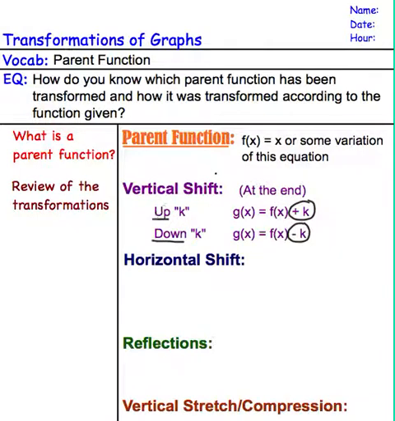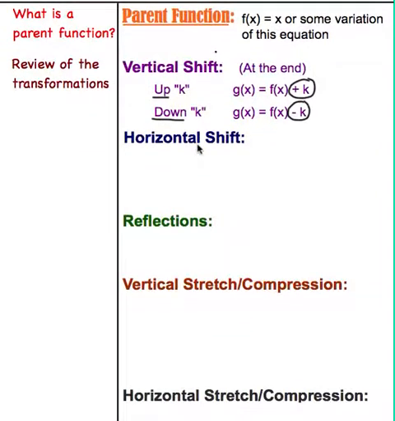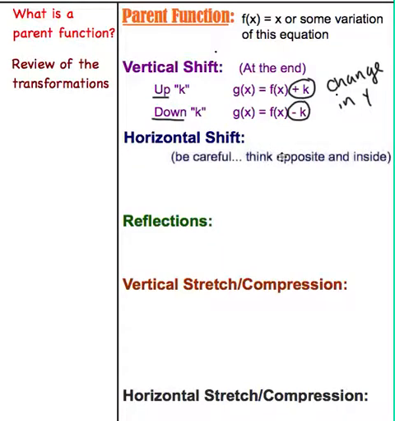Now where it gets a little tricky is when we're taking a look at it being a horizontal shift. Remember, vertical shift is going to change in y. So let's make a note of that. And horizontal shift, as you can remember, is that change in x. This is where you got to be careful, as I mentioned.